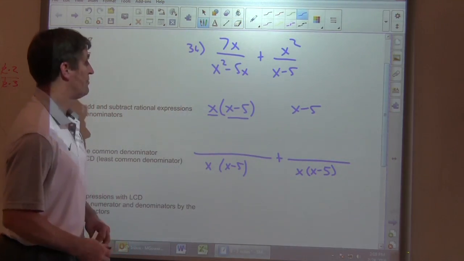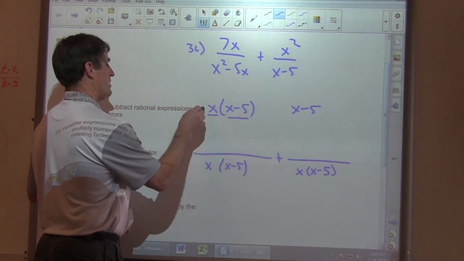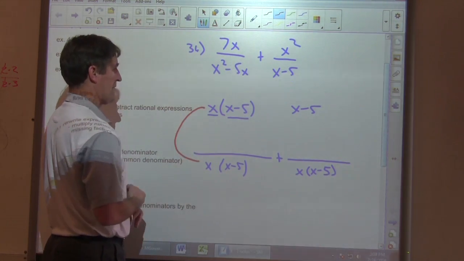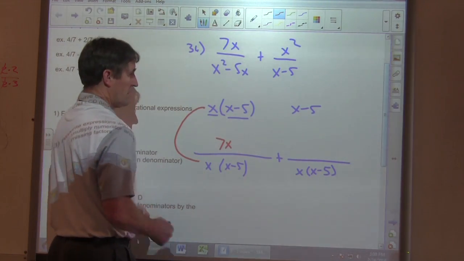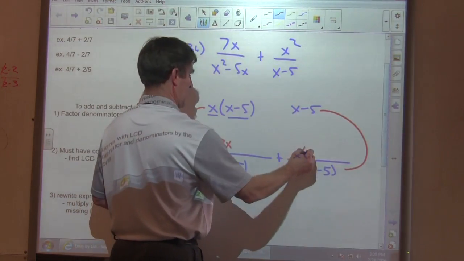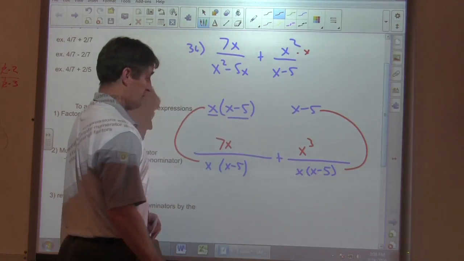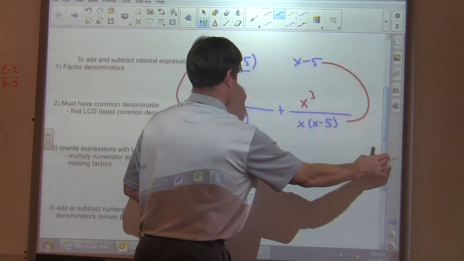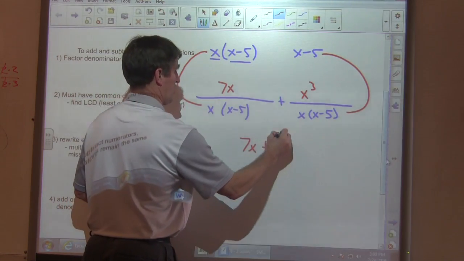Alright, so again, now that we have a common denominator, we go back to our factored one. What do I have to multiply that? Well, it's the same, so that means my numerator stays the same. I have to multiply this by x, and so I get x cubed. So I'm multiplying this by x. So my new numerator is 7x plus x cubed.